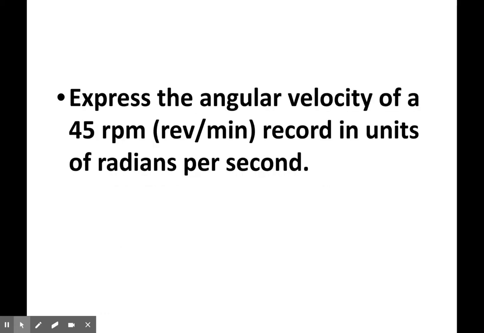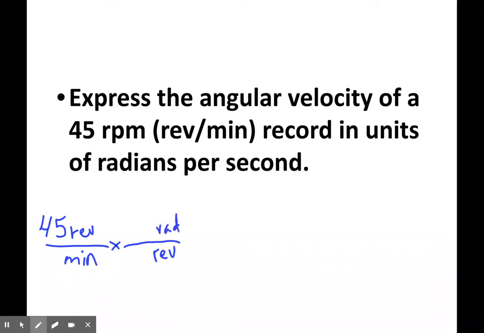So if we look here, express the angular velocity of 45 revolutions per minute of a record in radians per second. So we'll start out with the 45 revolutions per minute. And so if we have revolutions per minute, revolutions will be on the top, minutes will be on the bottom. Revolutions on top, so we're going to put them on bottom, and we're converting to radians.